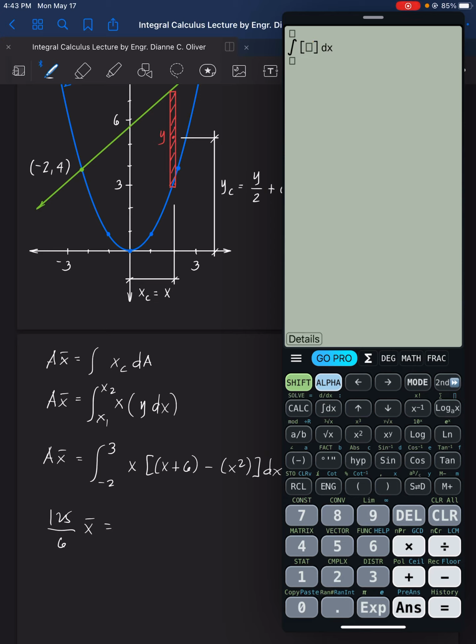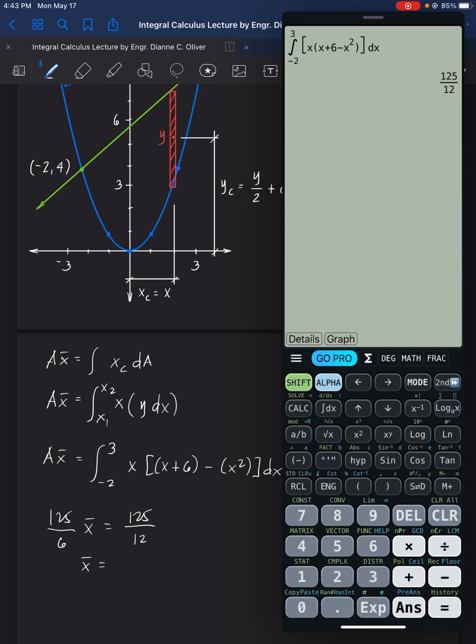X bar is equal to the value here. So we have here ∫x(x + 6 − x²) dx, lower limit -2, upper limit 3. So that is equal to 125 all over 12.